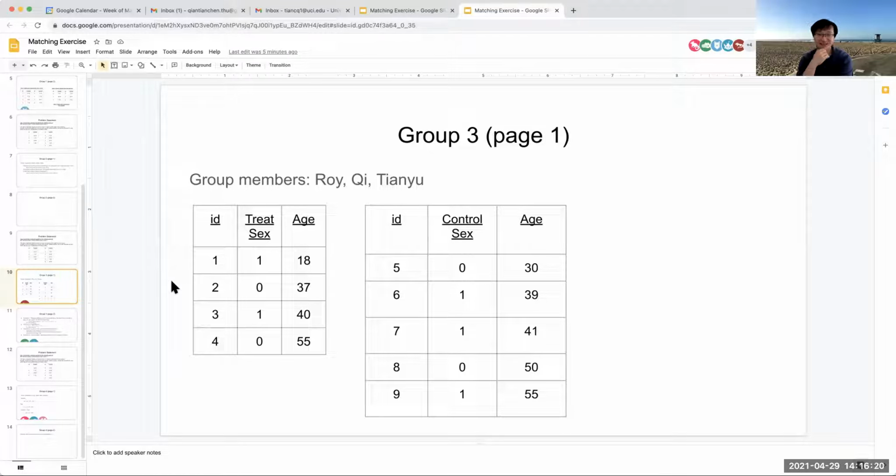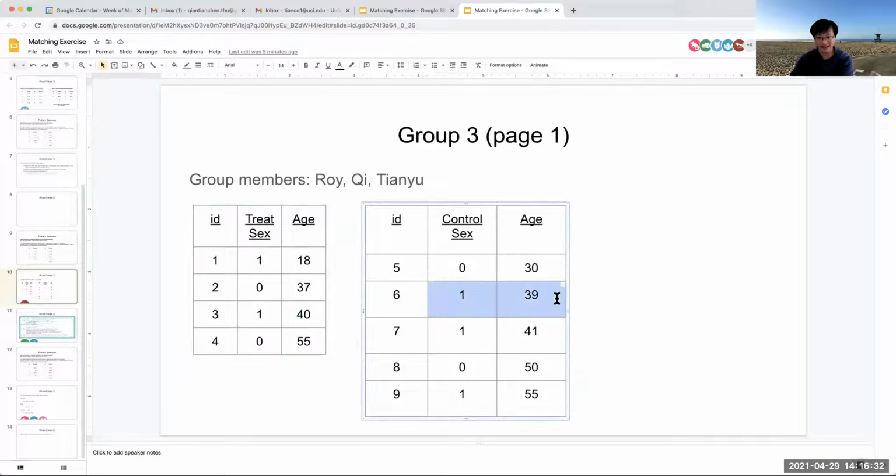Okay, yeah, thank you, Tianchen. Thank you, Group 3. That's a lot of good considerations. I was going to ask why you're matching ID number 3 with 6 but not with 7, since they're both very similar.